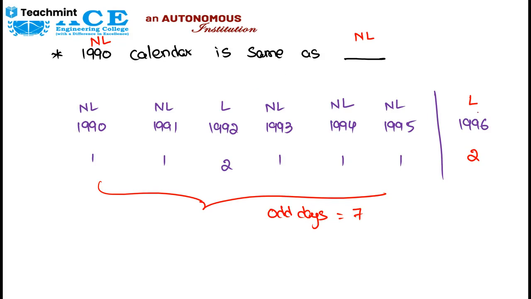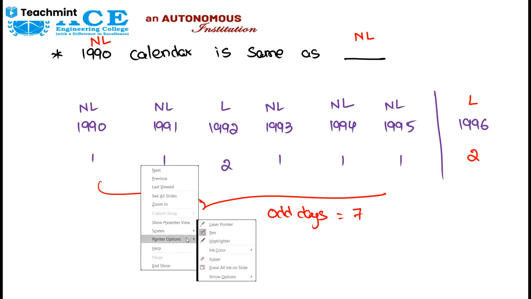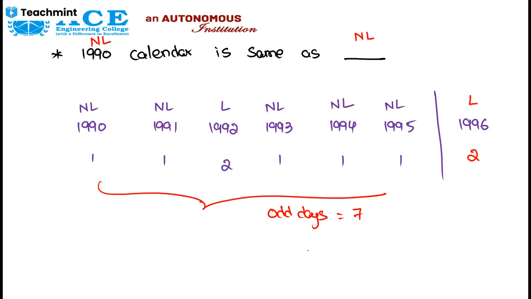Then again you proceed until you get odd days 0. Proceed next, in 1996. Now you got 2001, 1 odd day. 1998 also 1 odd day. 1999, 1 odd day. 2000 is a leap year, so we got 2 odd days.